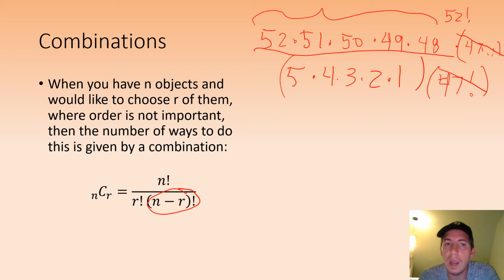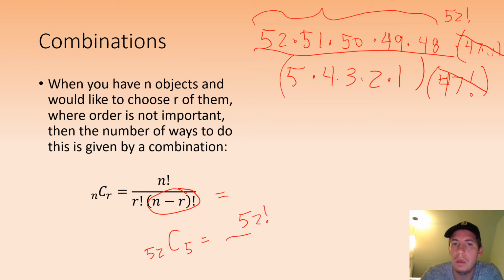The way it works, in this case with 52 choose 5, is I'm going to do 52 factorial over 5 factorial multiplied by 52 minus 5 factorial.